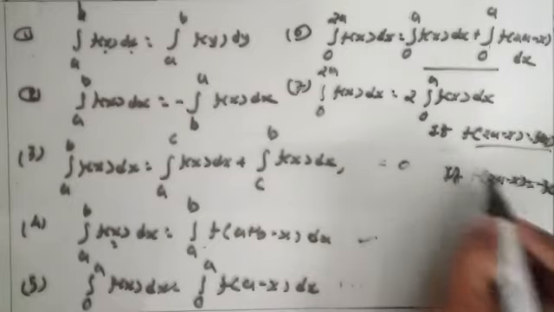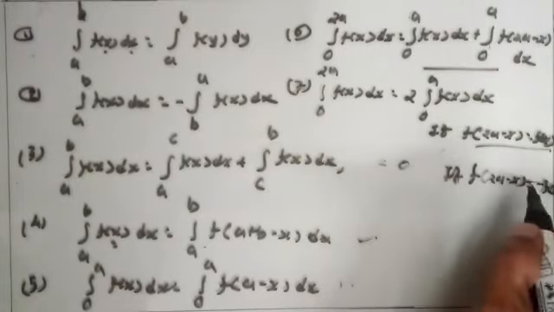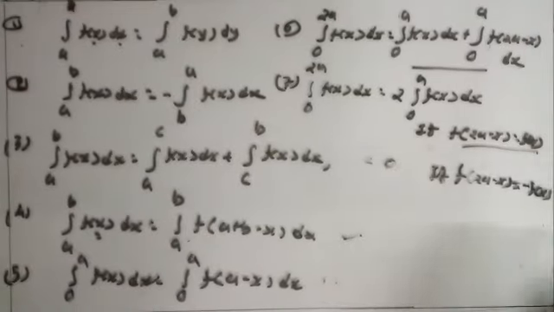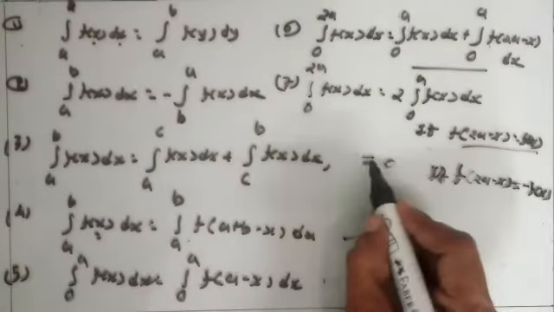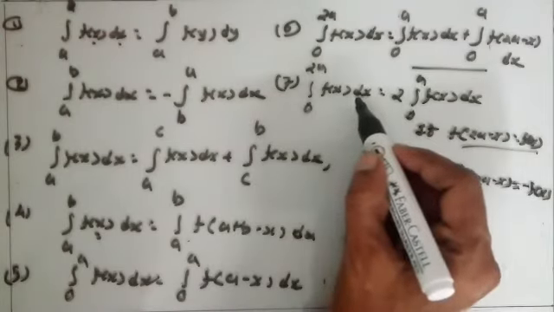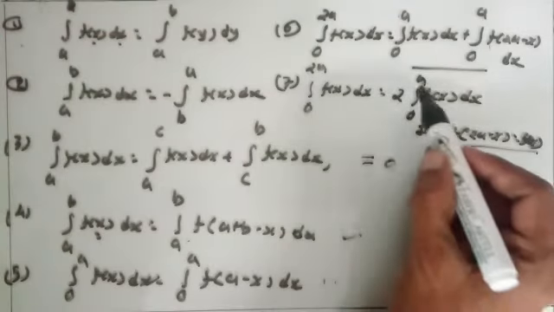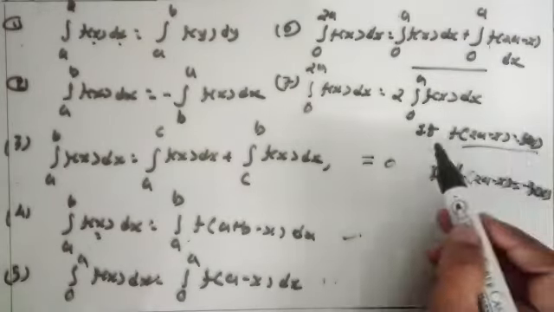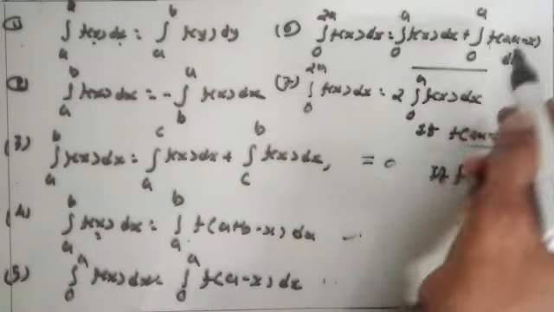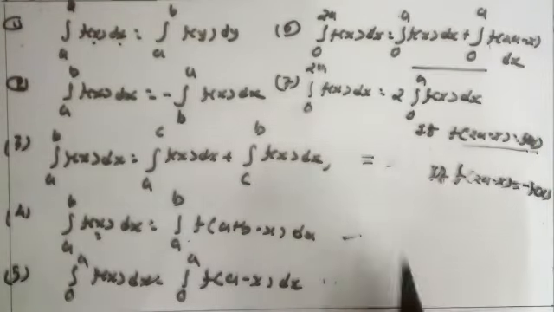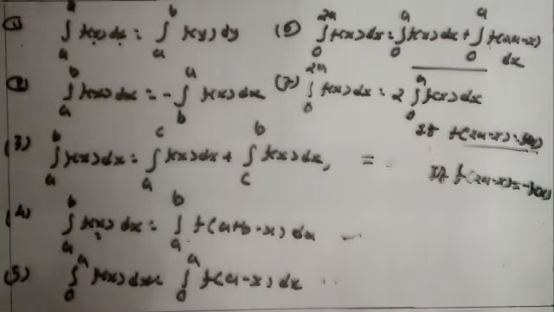So if f(2a minus x) is equal to minus f(x), then it becomes 0. So remember this important property: 0 to 2a f(x) dx is equal to 2 times 0 to a f(x) dx if f(2a minus x) is equal to f(x), and if f(2a minus x) is equal to minus f(x), then it becomes 0.